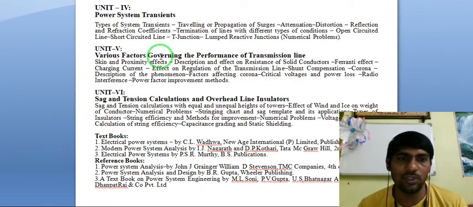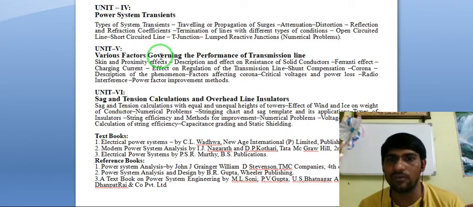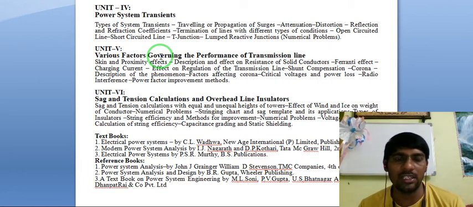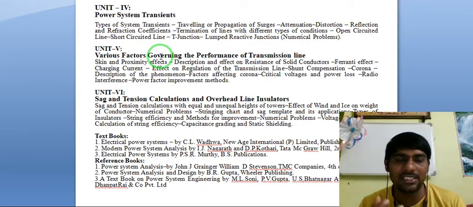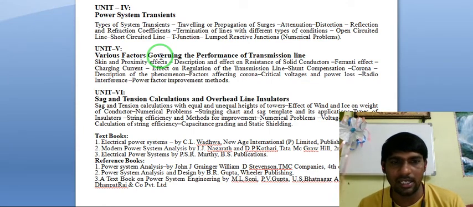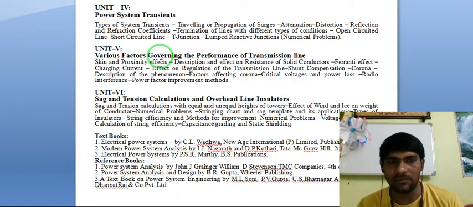And the fifth unit is various factors governing the performance of the transmission line. In this unit we need to calculate how skin effect is caused in the transmission line, and also proximity effect and the Ferranti effect.